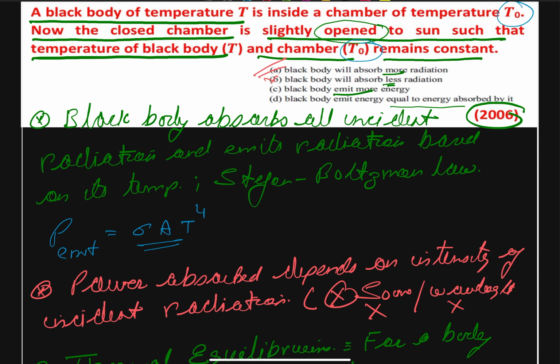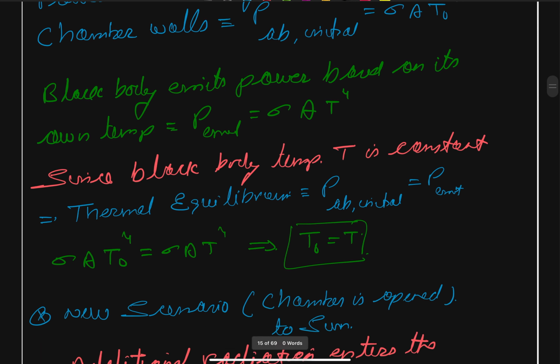Okay, there is a possibility that both C and D can be correct, if I'm not wrong. So let us check option C, black body emit. It is talking about emission, and D is talking about the comparison. Okay, let's discuss option C.